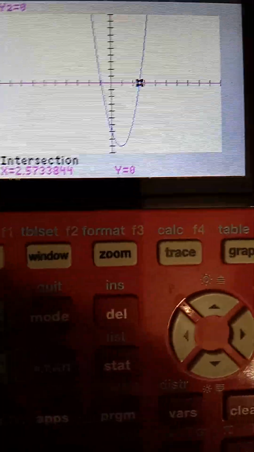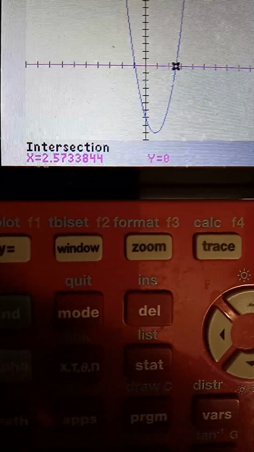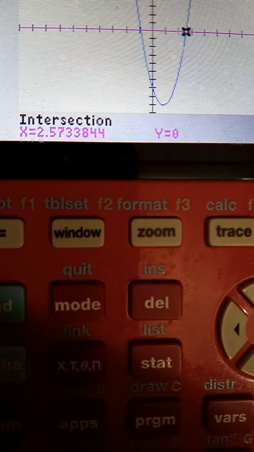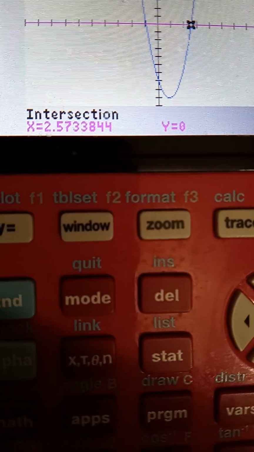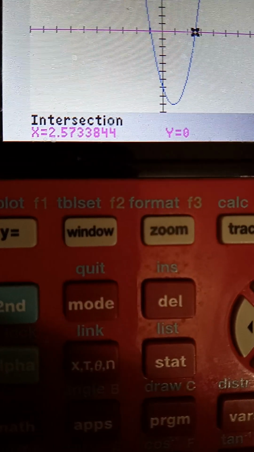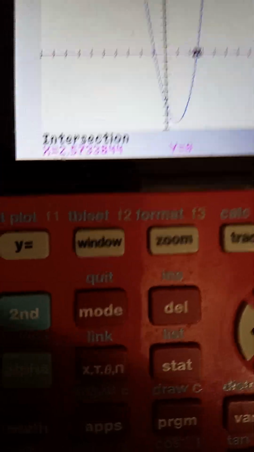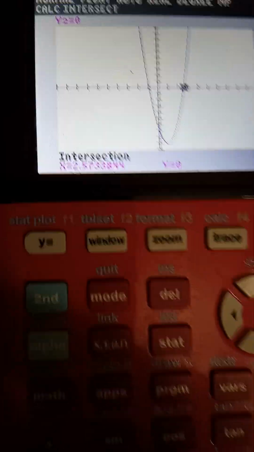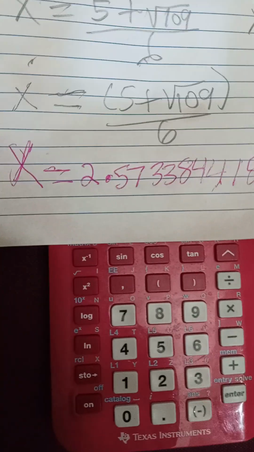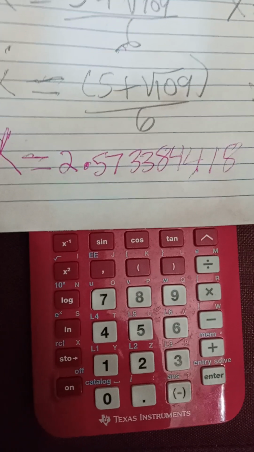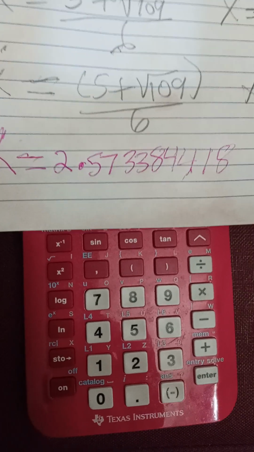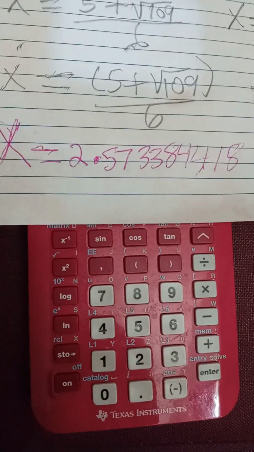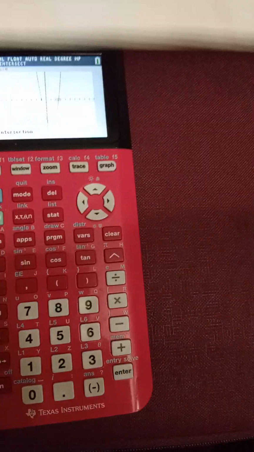And you see we get the answer of 2.5733844. And notice how the calculator rounded it off some. And look at our solution. X is equal to 2.573384418. We have a more accurate answer, but the calculator proves that our answer is right.